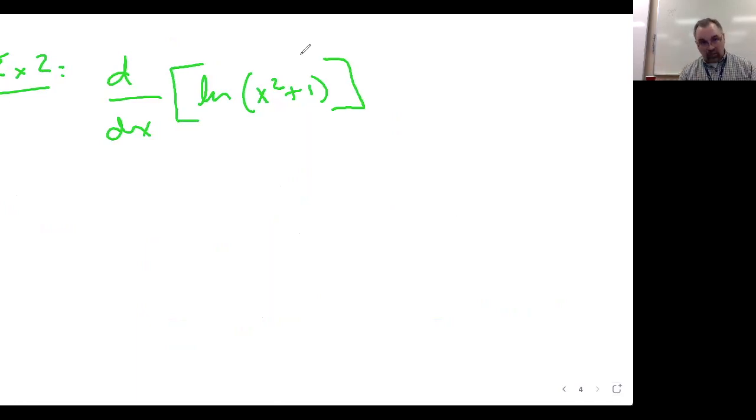That's not allowed. You can only split it up if it was a product or a quotient. So this is just simply going to be the derivative of x squared plus 1, 2x, the plus 1 derives away, over the original function, x squared plus 1. Again, u prime over u. Nice.